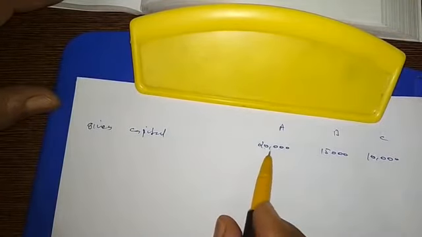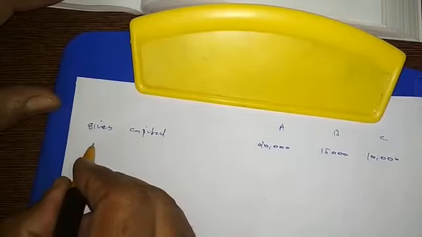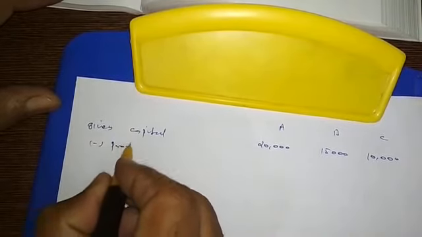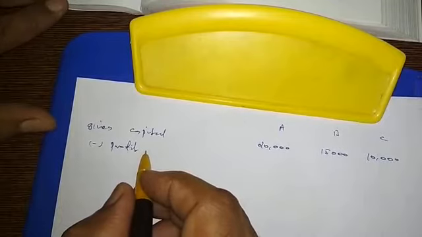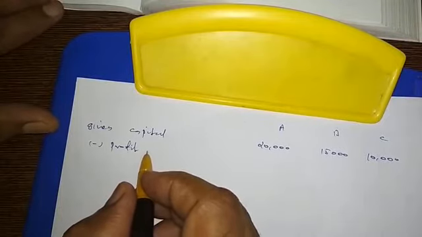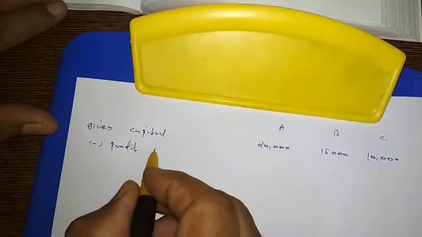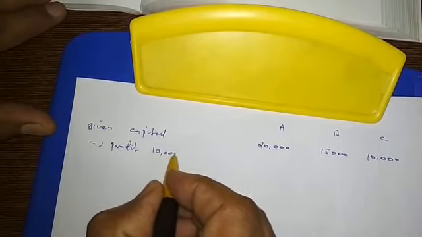Then profit is added. In this, profit is included, so we need to minus the profit. How much profit is distributed? It is saying in the question that profit for the year already adjusted is 10,000. So 10,000 is already adjusted.